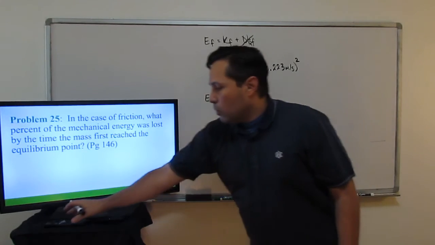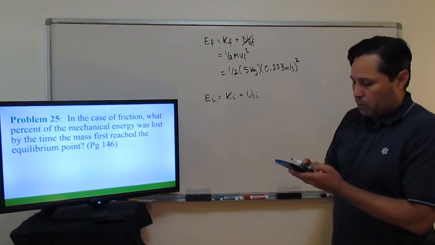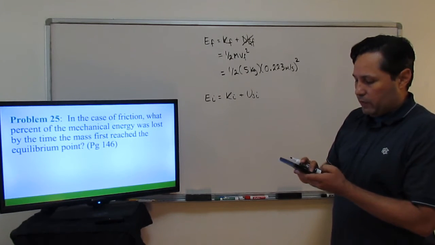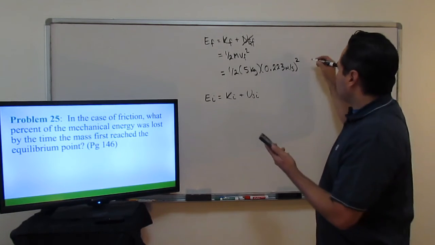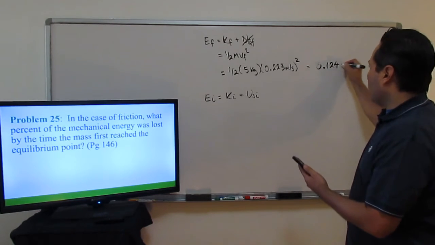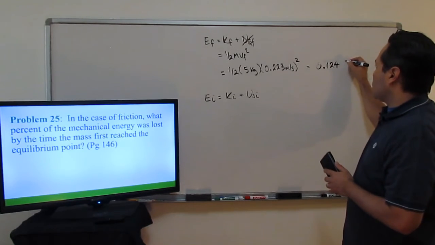So the final mechanical energy for the system was 0.223 squared times 0.5 times 5 equals 0.124. Alright, so that is our final mechanical energy in joules.